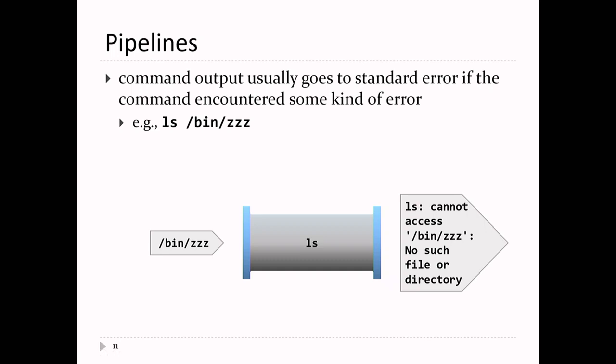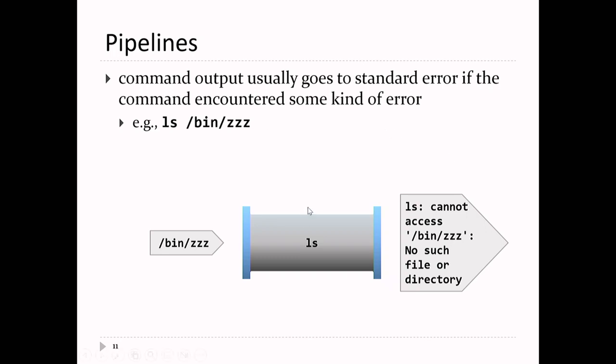So whatever output ls generates in this case, there is no directory called root bin zzz. So ls prints an error statement, and it prints that to standard error. Now, standard error and standard output happen to be directed to the same place for a standard terminal.